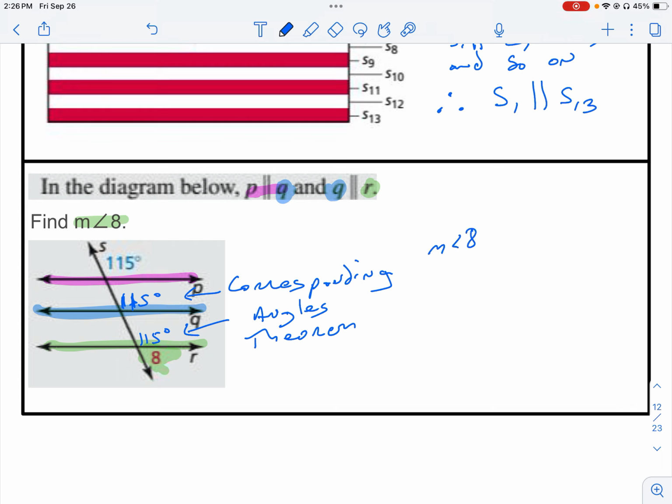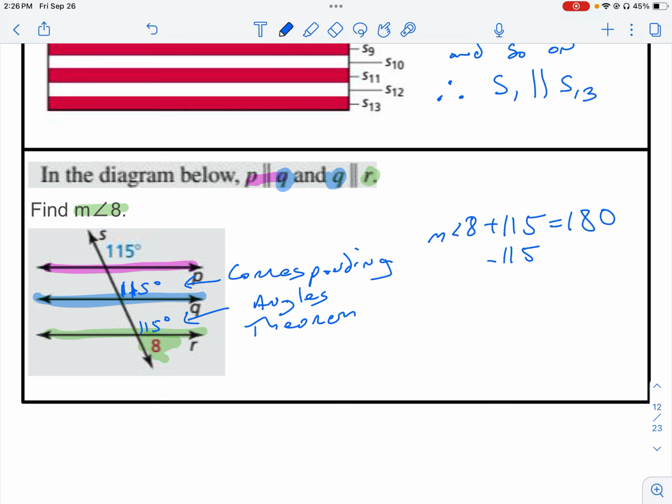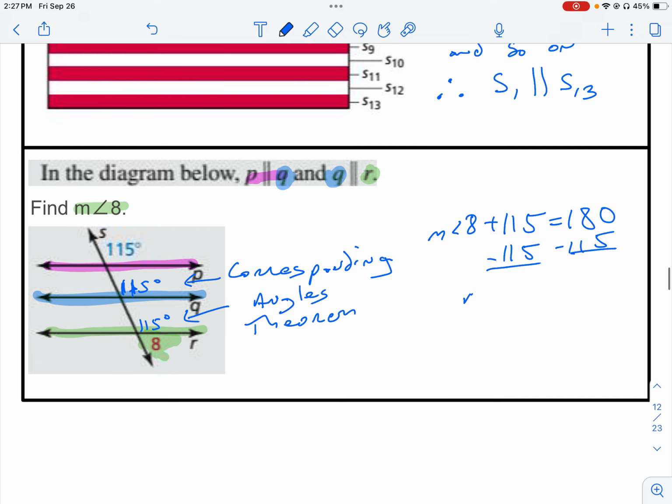The measure of angle 8 plus 115 equals 180. Well, 180 minus 115 means the measure of angle 8 is going to be 65 degrees. And we are done.